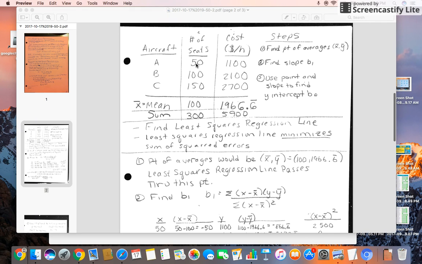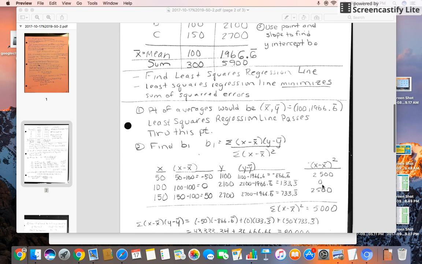So we're going to take this x minus x bar and this y minus y bar, multiply them together, and then add it to this one minus x bar and this one minus y bar added together, and so on. So I've set up a table below. So here's my x's. Here's my calculation for each x minus x bar. Here's my y's from above, and here are my calculations for y minus y bar.